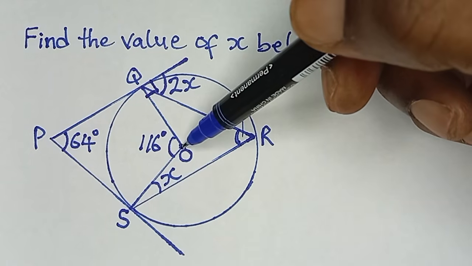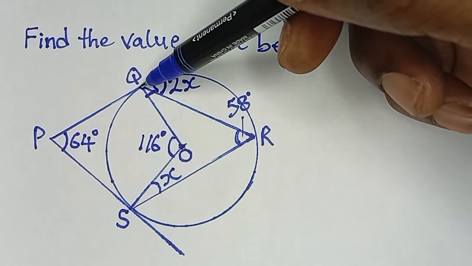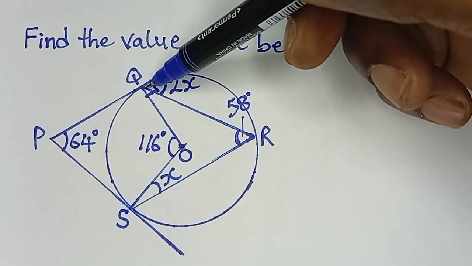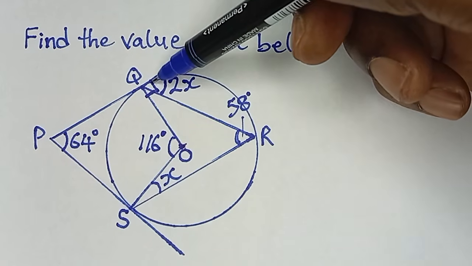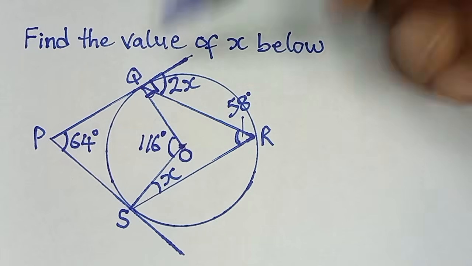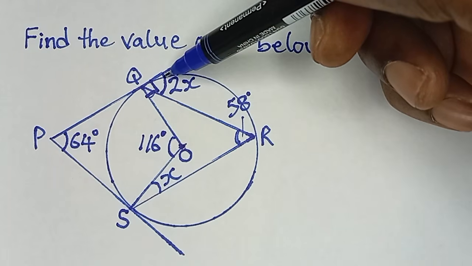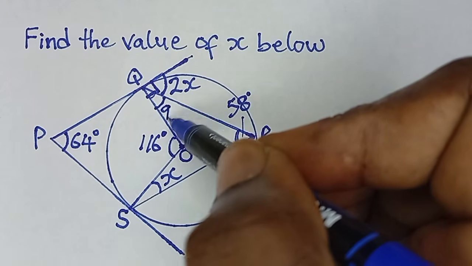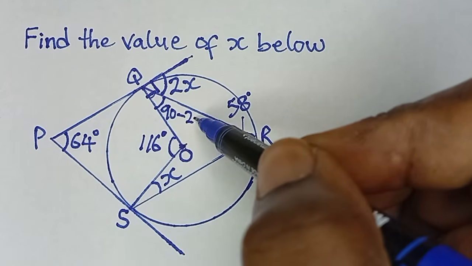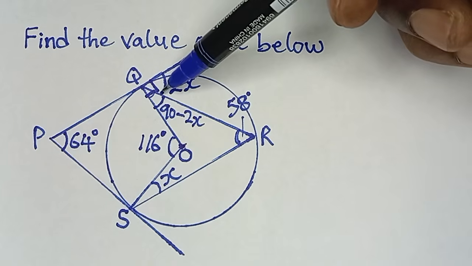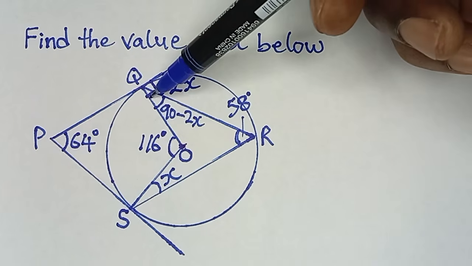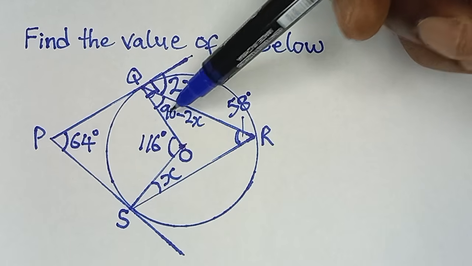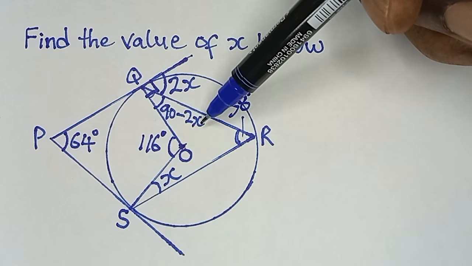So this radius here and this tangent here together make this angle 90 degrees. So, if this angle is already 2x, then this angle here will be 90 minus 2x, because this angle is already 2x and the whole of the angle is 90. So this remaining angle will be 90 minus 2x.